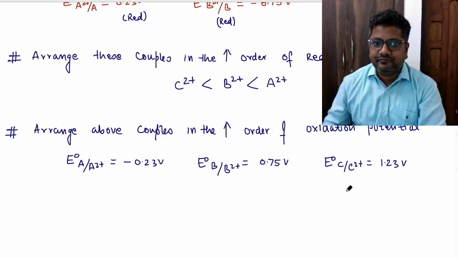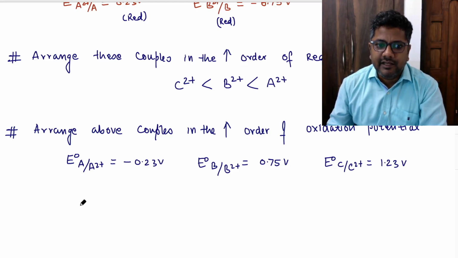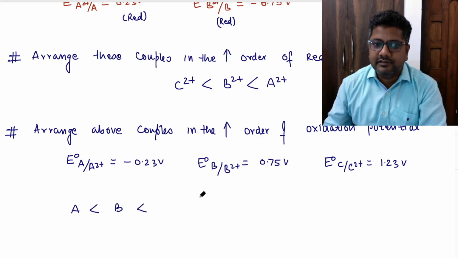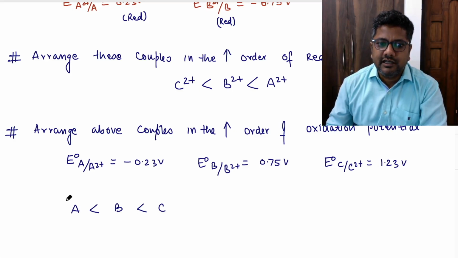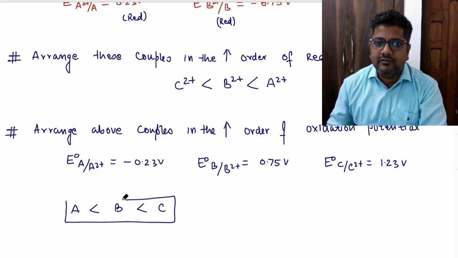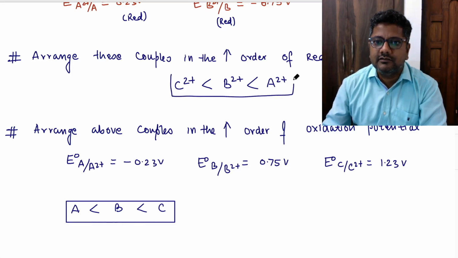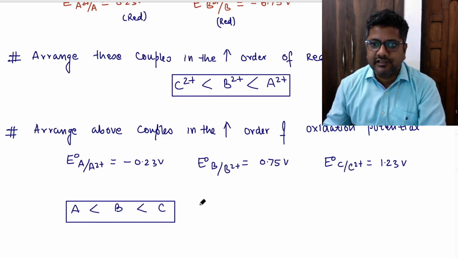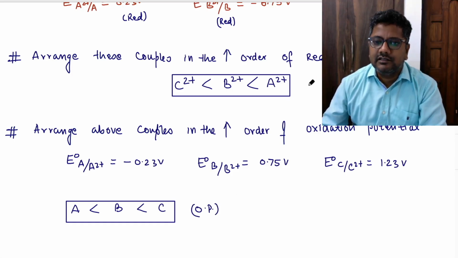And see here, in this case, increasing order, so lowest value is for A, then it is for B, then it is for C. So this is the increasing order of their reduction potential, and here oxidation potential. This is oxidation potential and this is reduction potential.